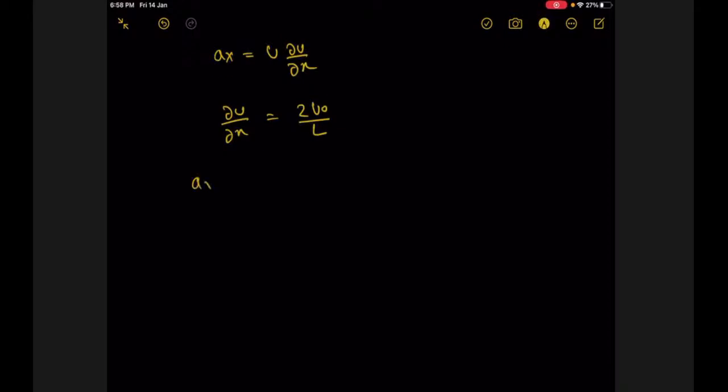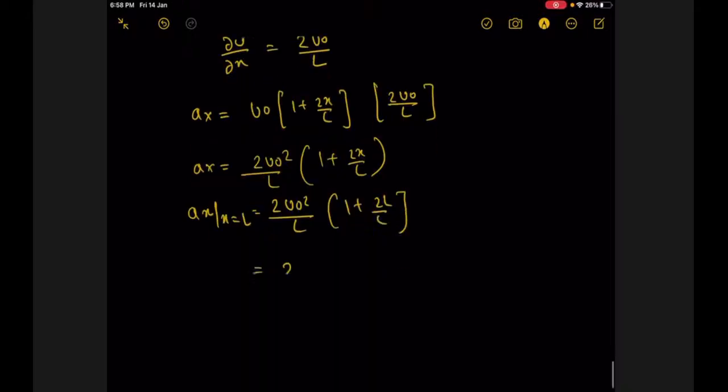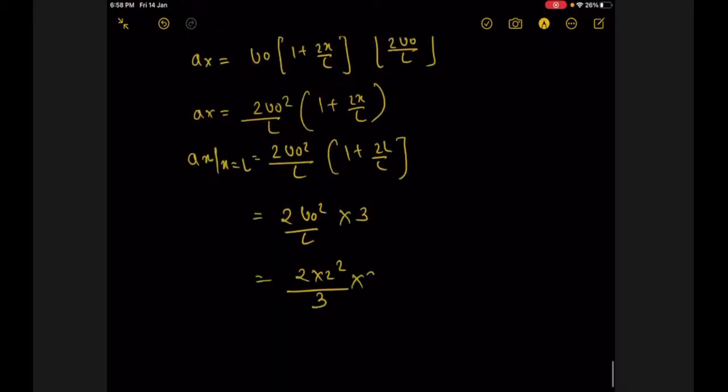So we will put the value: u naught into 1 plus 2x by L, into 2 u naught by L. So ax equals 2 u naught square by L into 1 plus 2x by L. So ax at x equals L is 2 u naught square upon L into 1 plus 2L by L. If you solve, 2 u naught square by L, that is 2 into 4 by 3, into 3, that is 8 meter per second square.